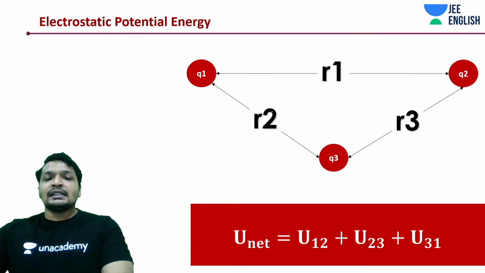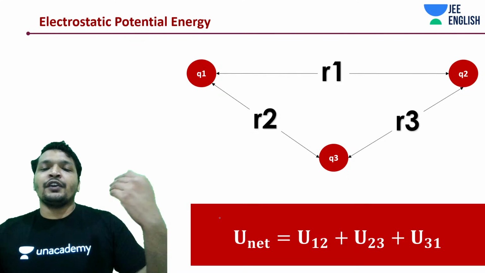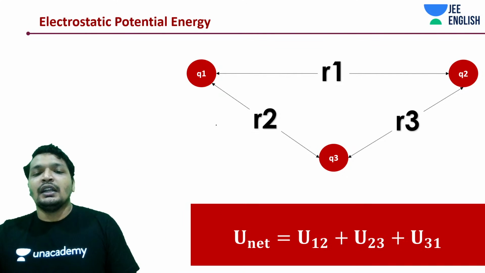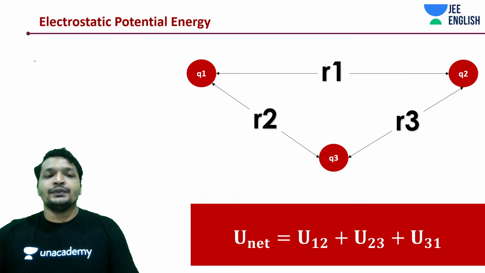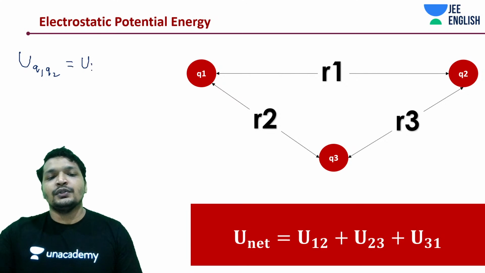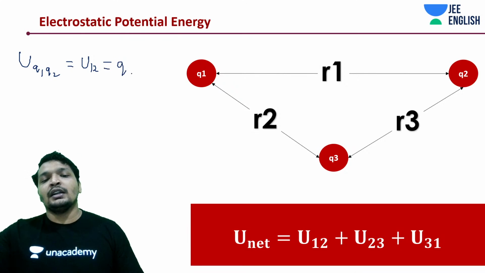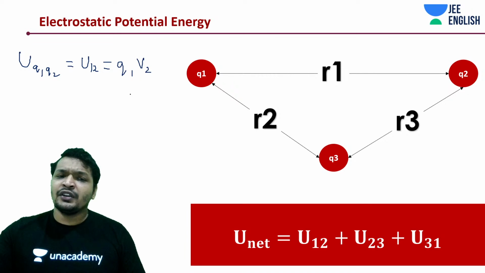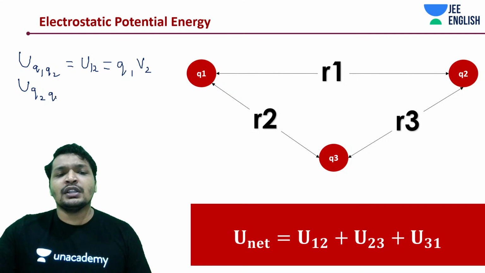And in this case, you would be adding the potential energy of all, as if you're going by two charges at a time. Let's say due to charge q1 and q2, the potential energy is U12, like what we calculated earlier, which is nothing but q1 into v2 or v1 into q2. And similarly, due to charge q2 and q3, it's going to be U23.